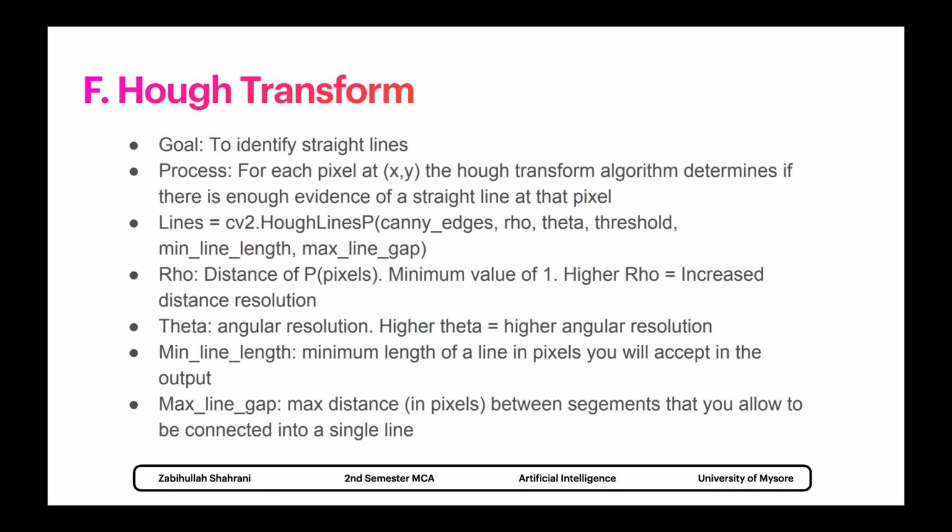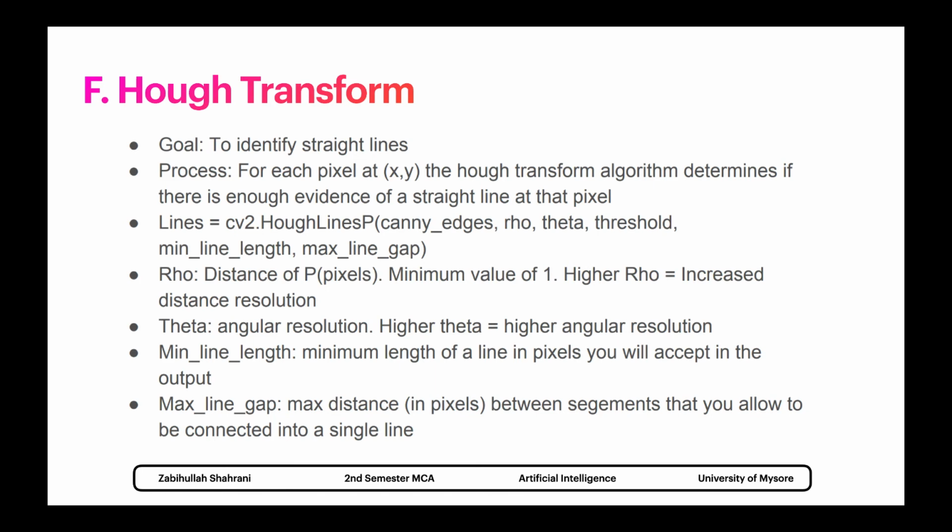For each pixel at x and y axis, the Hough Transform algorithm determines if there is enough evidence of a straight line at that pixel or not. That's a very important part. Next are the methods and keywords used in Python for this function, which is lines equal to cv2.HoughLinesP, bracket open, canny edges.